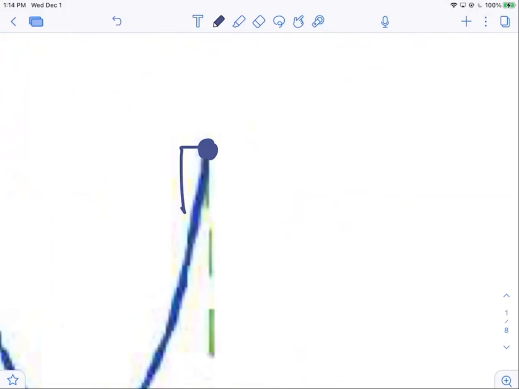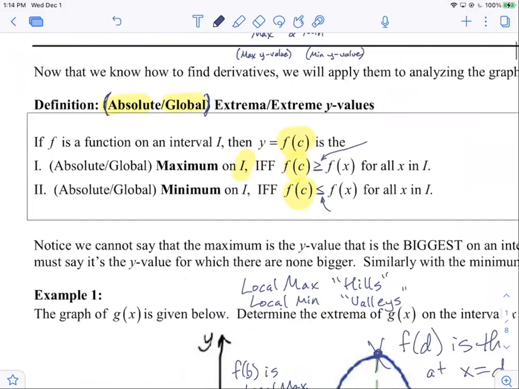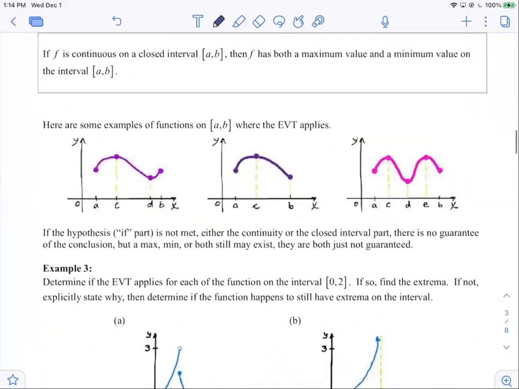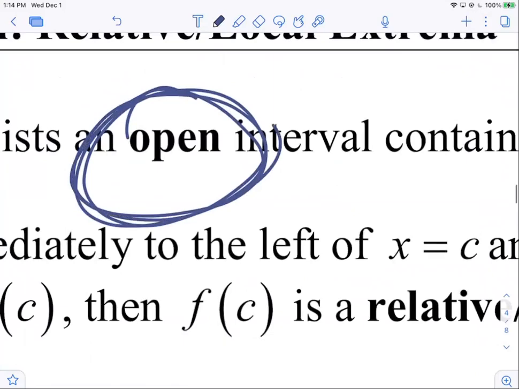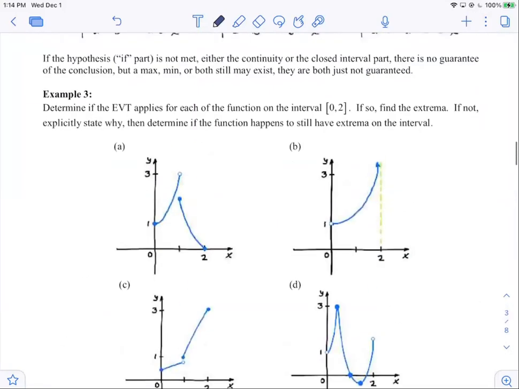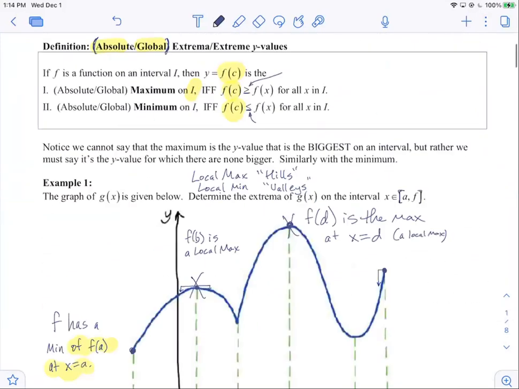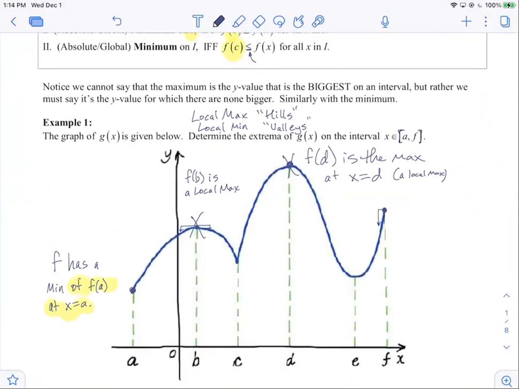You look immediately to the left and you see values that are lower, but you can't look to the right. That's why local extrema have to occur on a through street, on an open interval, okay? So endpoints can be absolute max or mins, but they can't be local max or mins, okay? A little bit of a difference there.